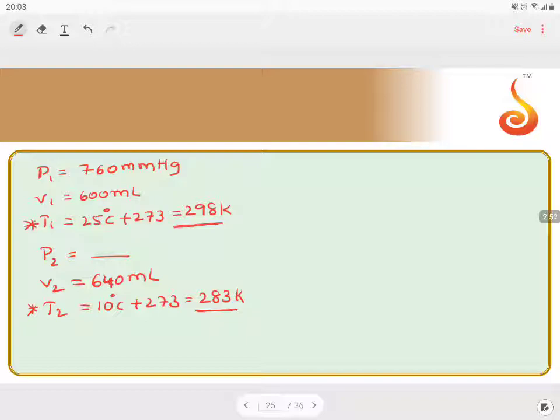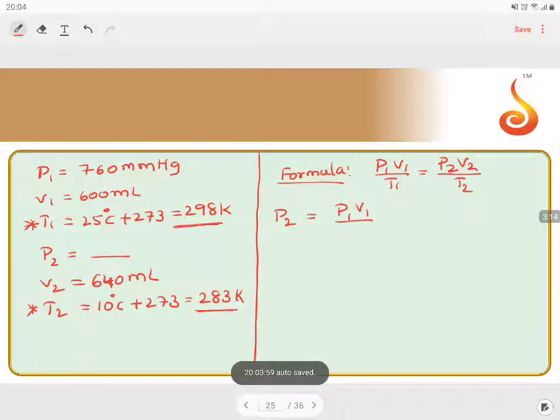Now using the formula, I hope everyone remembers, the formula we are using here is P1 V1 by T1 is equal to P2 V2 by T2. From this I can write P2 is equal to, bringing everything to the other side, P1 V1 by T1 into T2 by V2.